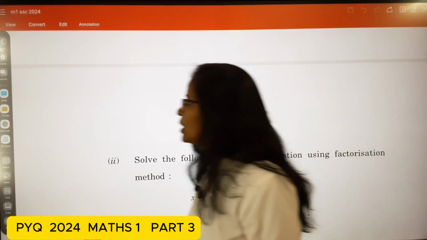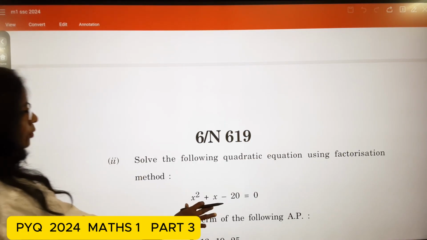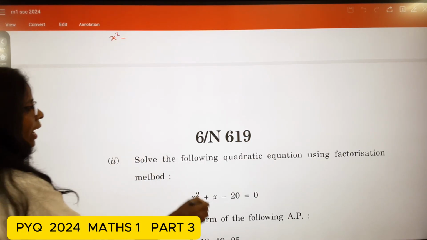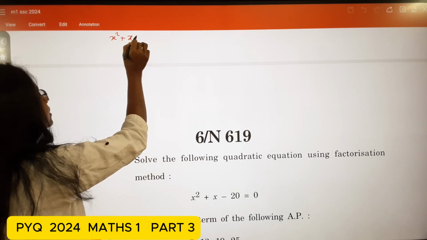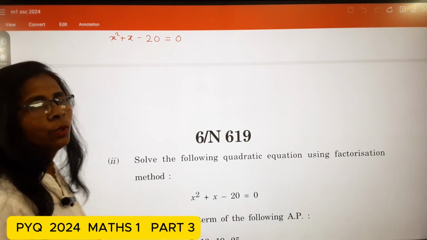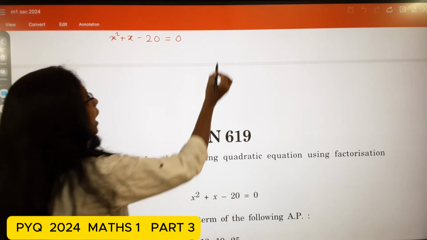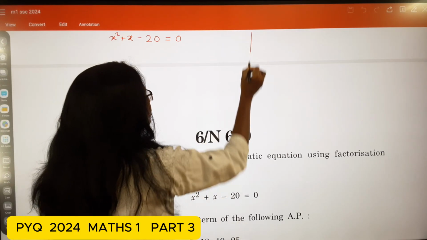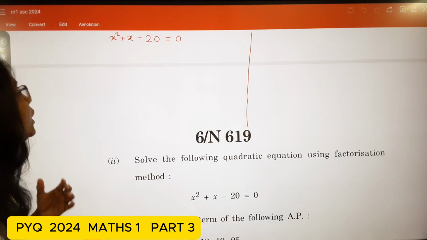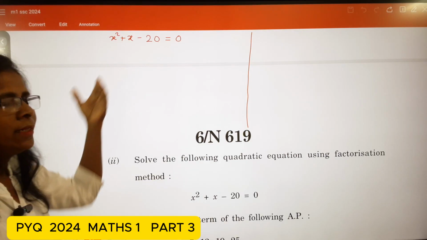Okay. So first I write the quadratic equation x square plus x minus 20 is equal to 0. Okay. So which numbers do you have to choose to factorize this?